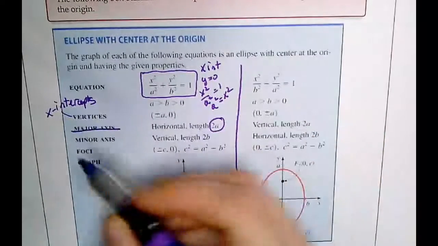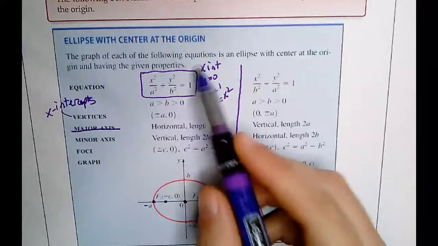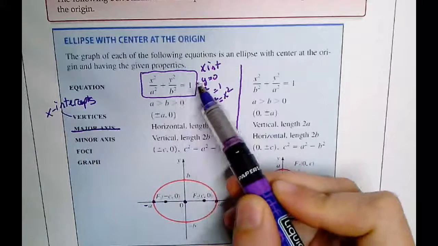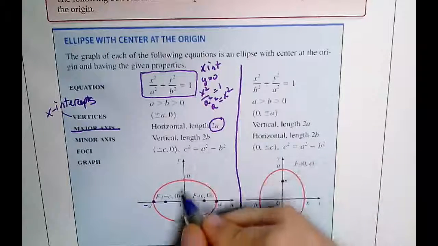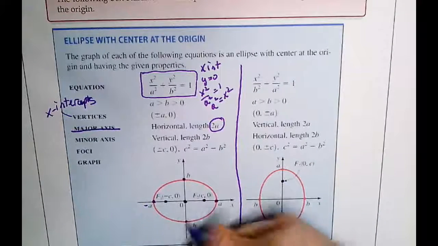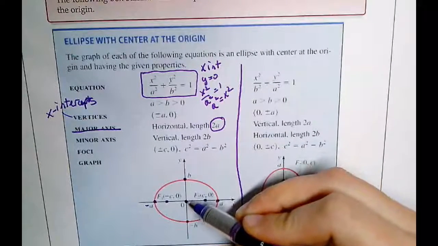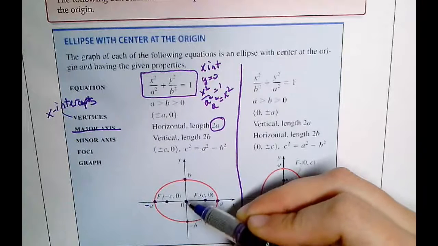How do I find the y-intercepts? The y-intercepts, I'm going to set x equal to 0 in here, so I would get y squared over b squared equals 1. So I will get y squared equals b squared. So the y-intercepts are going to happen at b and at negative b. Then the distance between 0 and b is b, and the distance between 0 and negative b is another b.